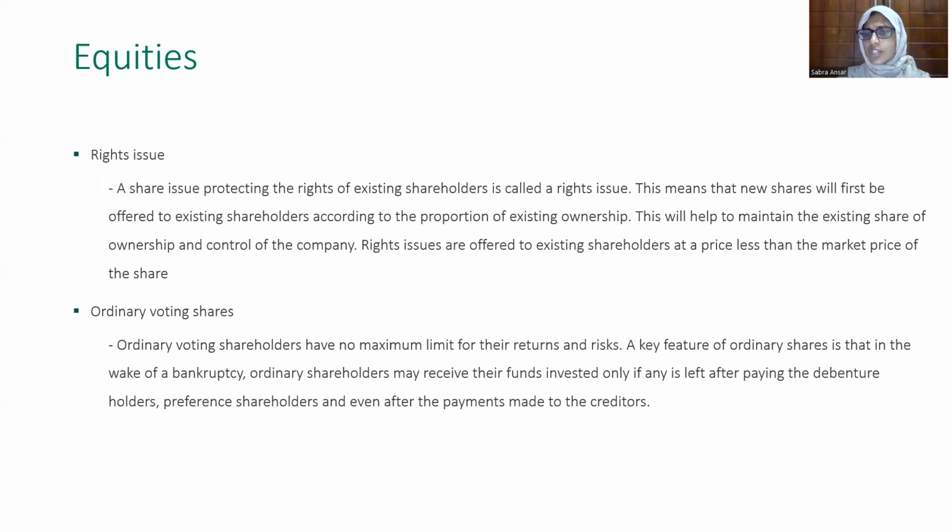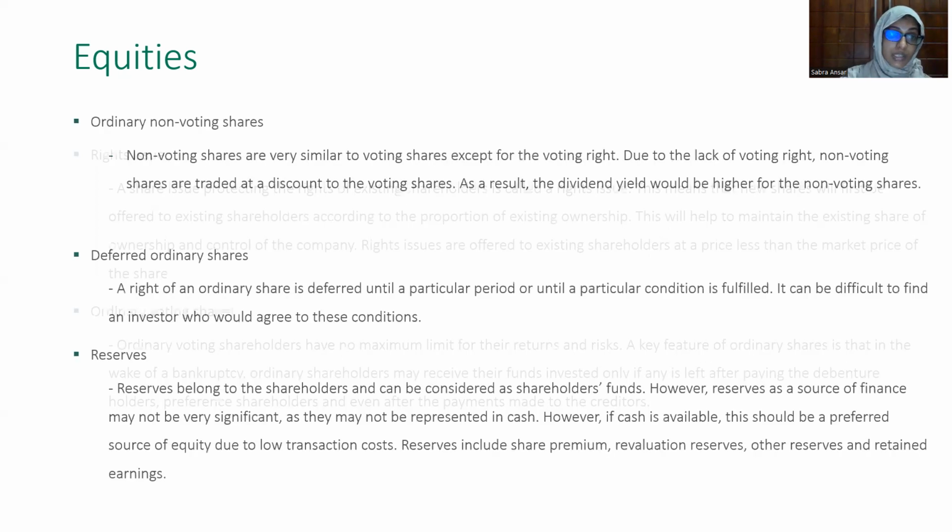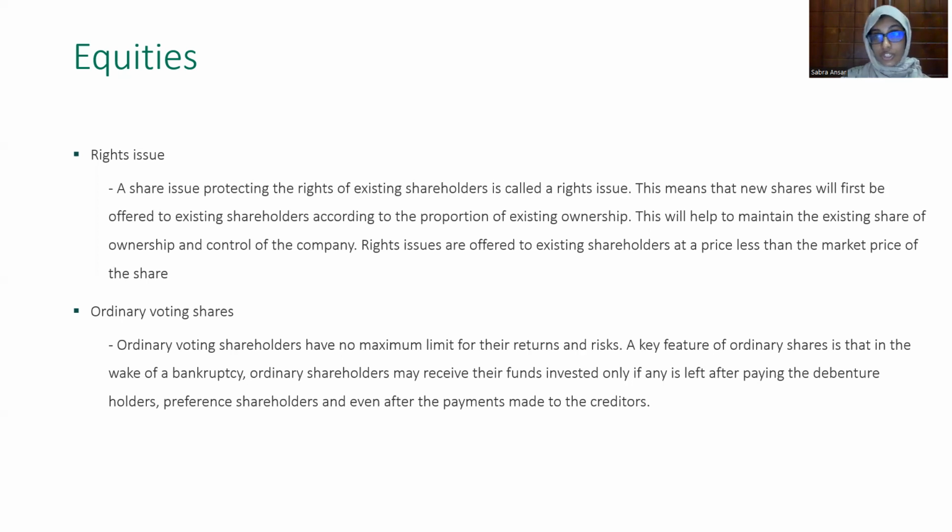One of the key features of ordinary shares is that in the wake of a bankruptcy, they may receive their funds invested only if there's something left after paying the debenture holders, the preference shareholders, and all the creditors. Therefore, they have quite a high risk. So that is ordinary voting shares.